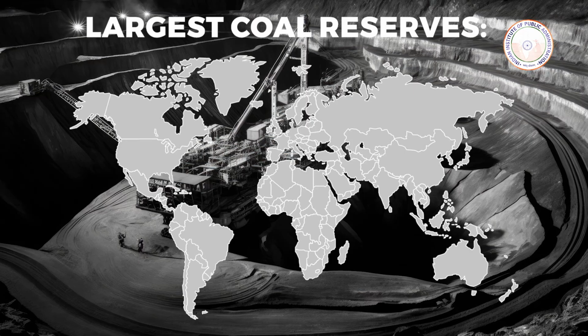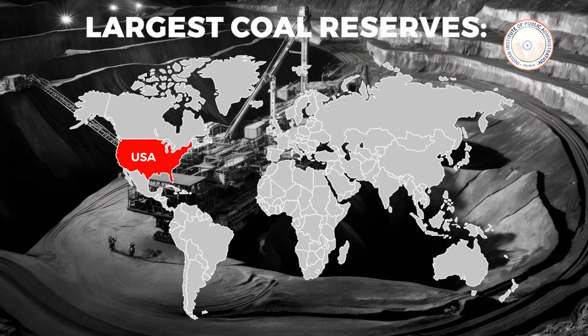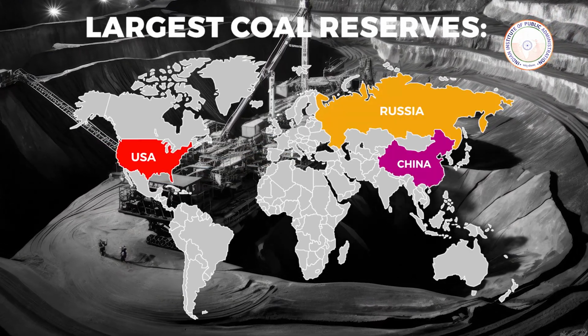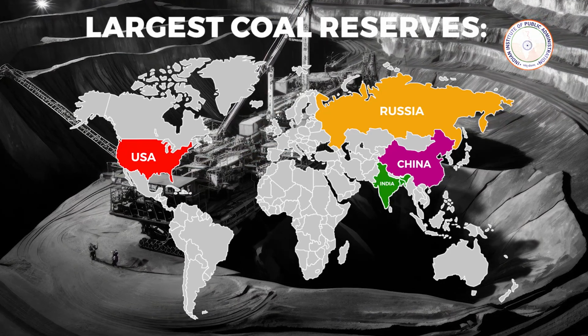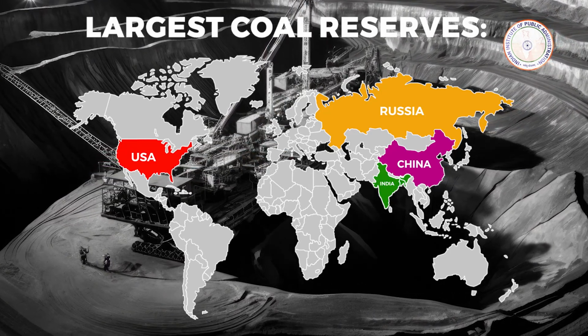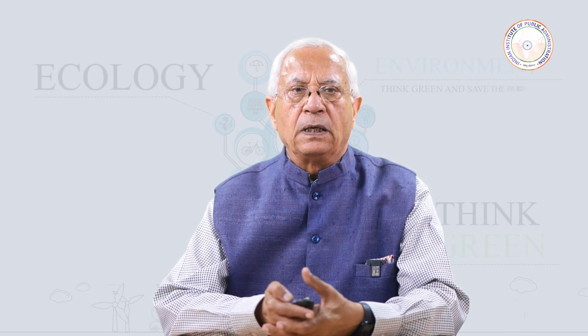The largest coal reserves are in the United States, Russia, China and India. Coal contains carbon, volatile matter, moisture and ash, and in some cases sulfur and phosphorus also. Coal reserves are 6 times greater than oil and petroleum.